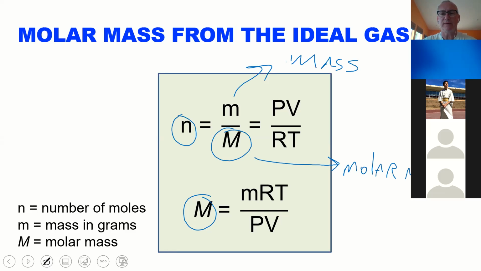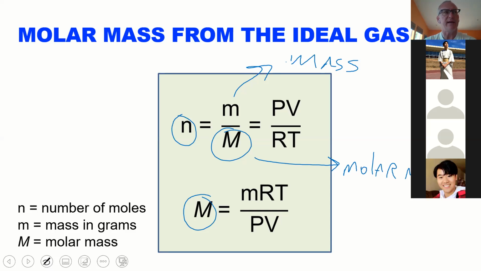It's difficult to measure the molar mass of things. For a lot of gases, like noble gases, you would normally figure out the molar mass of something by measuring the mass of it, doing a reaction, and then calculating the mass of the product.